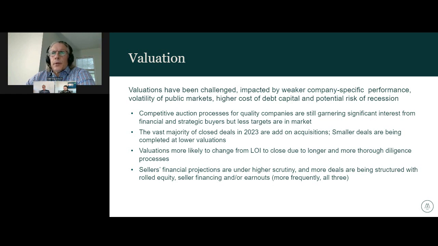2023, as I referenced earlier, is the year of the add-ons. So we are seeing a lot of smaller deals getting done. Those can tend to be done at lower valuations, can be done through debt, which is helping the private equity groups amass larger businesses.